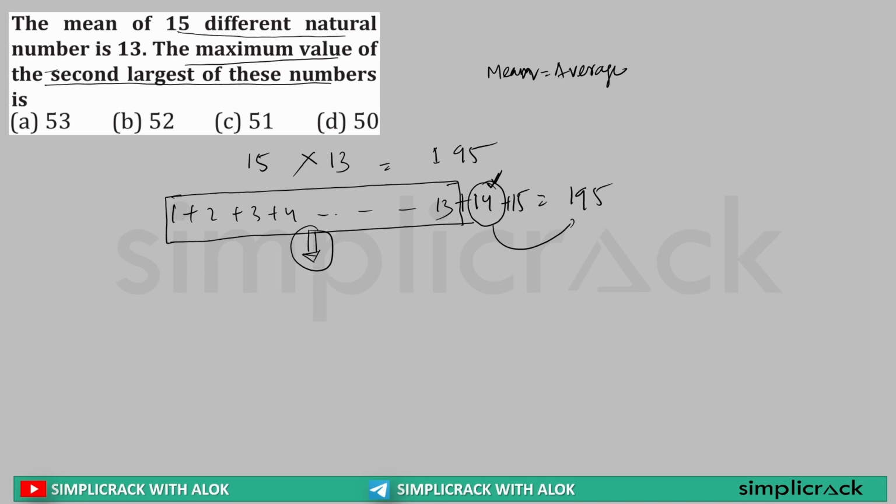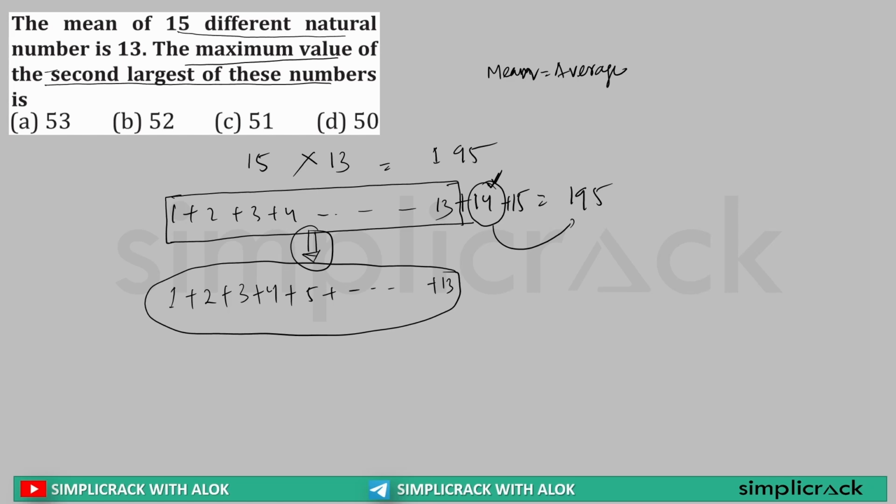So if I have to take the minimum, I can start from 1 because this is the smallest natural number. Then for the second number it can be 2, then 3, 4, 5 till 13, because this is how I will get the minimum value of these 13 natural numbers, since except these there is nothing minimum in terms of different natural numbers.